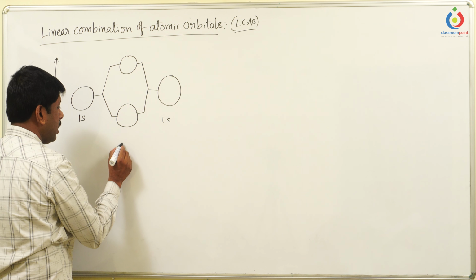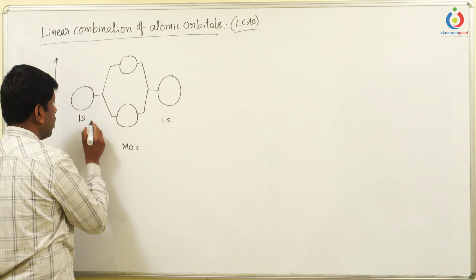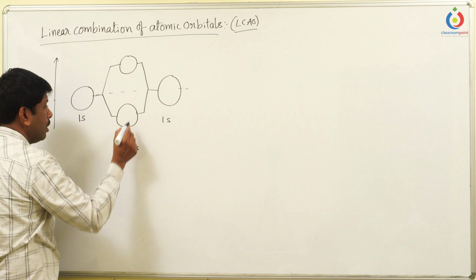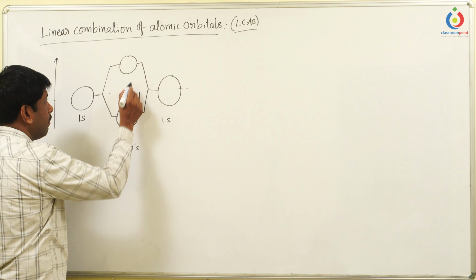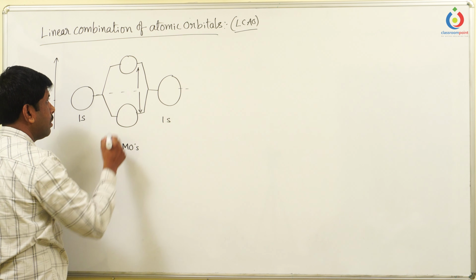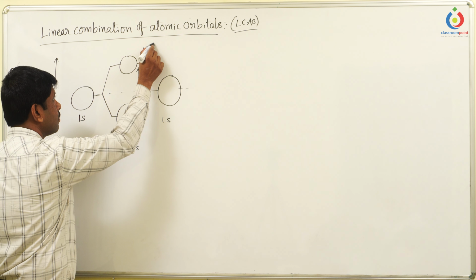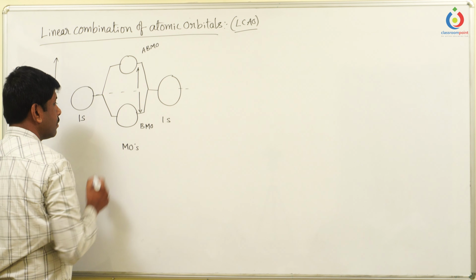These are called the molecular orbitals. In these molecular orbitals, this is the average energy of the atomic orbitals. So the bonding molecular orbital has less energy than the atomic orbitals, whereas the other orbital has more energy than the atomic orbital. They are called the anti-bonding molecular orbitals, and these are called the bonding molecular orbitals.